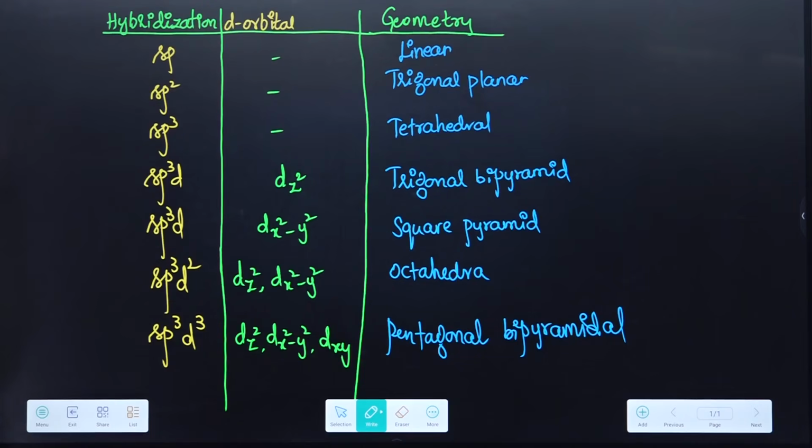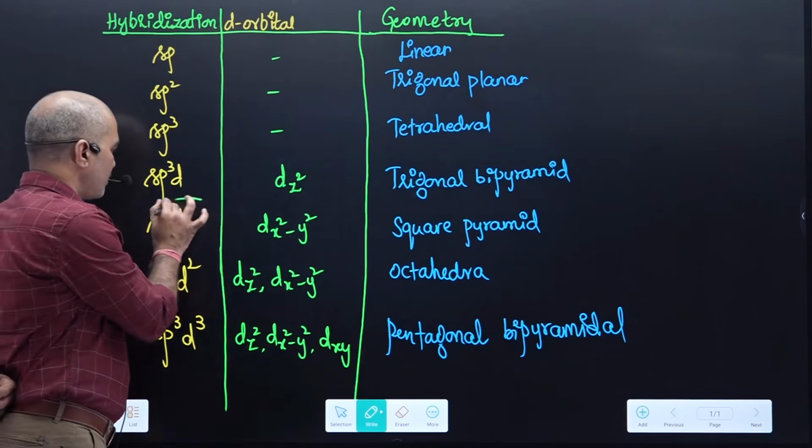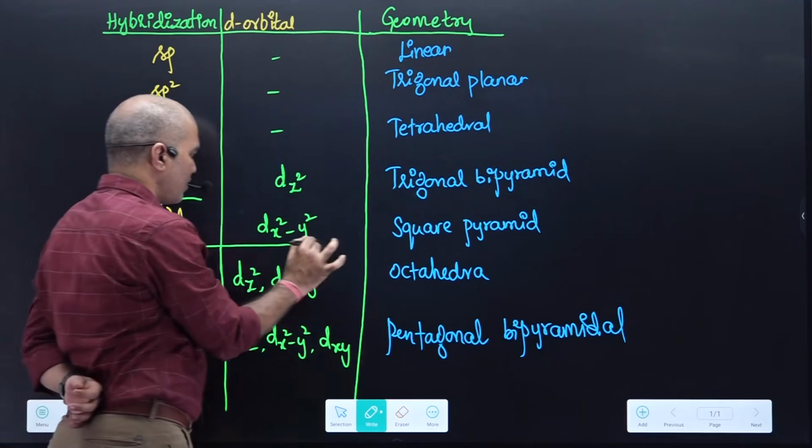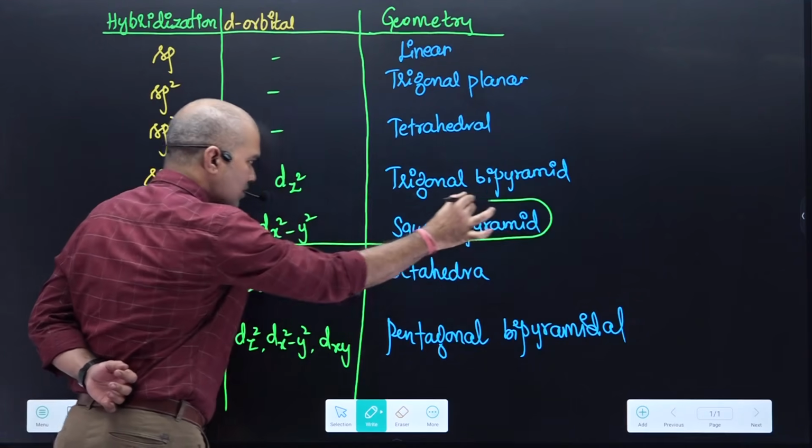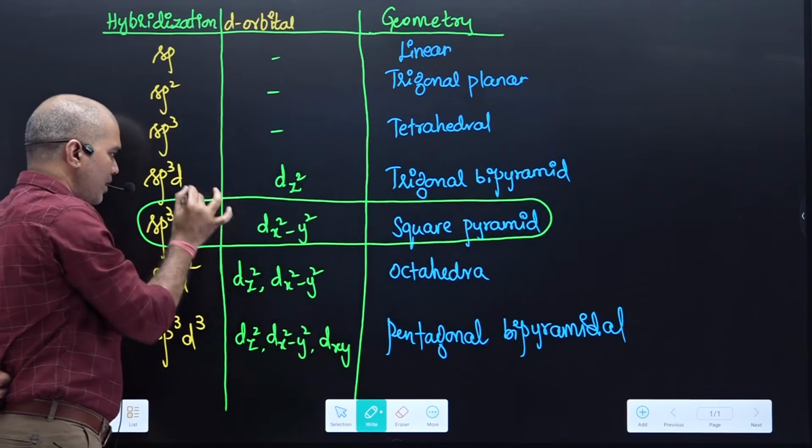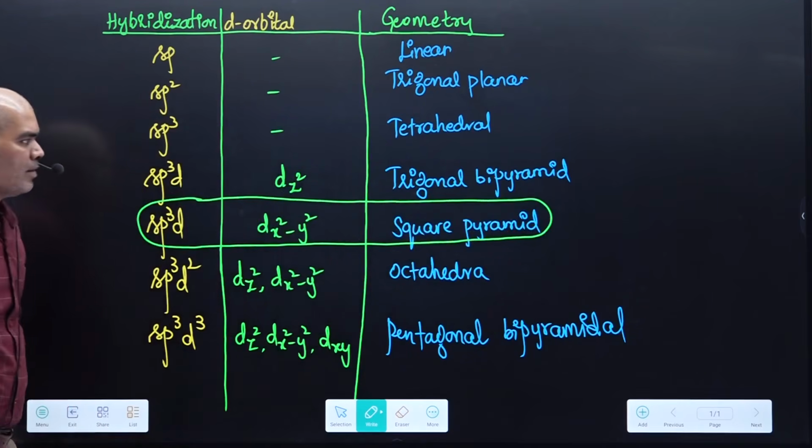Apart from this, we also have dsp2, square plane geometry. For VSEPR theory purpose, it doesn't define this geometry. There is no geometry called square pyramid as a parent geometry.